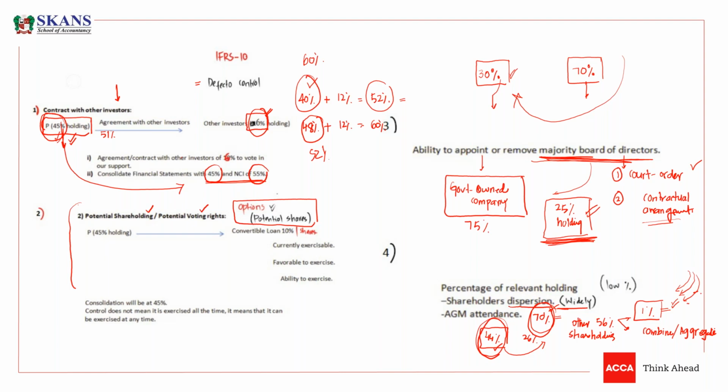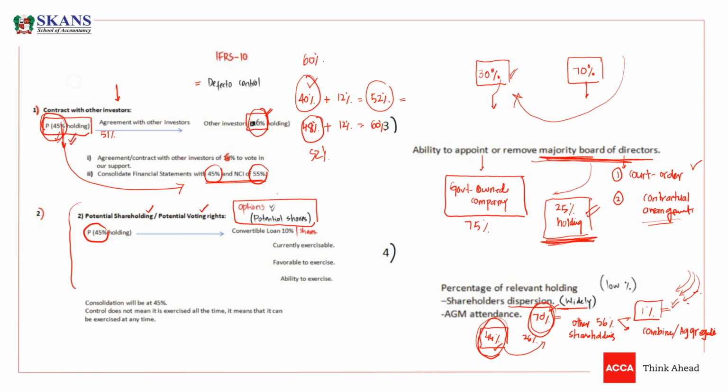Now, I'm taking an example. Just take an example that we have 45%. We have just 45% holding. This could be 40%, this could be 35%, this could be 48%. So in my example, some company which is PE has 45% shareholding or voting rights.